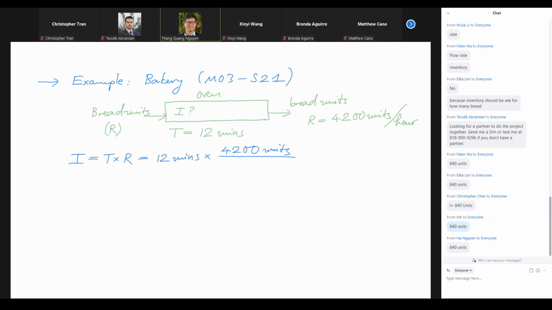All right, so we have the hour down here. But then we have the minutes and the hour. To make it easy, we're going to convert the hours to the minutes. So we're going to have 12 minutes. Again, we do not want to change it along the way because we want to do something else first. So 4,200 units.